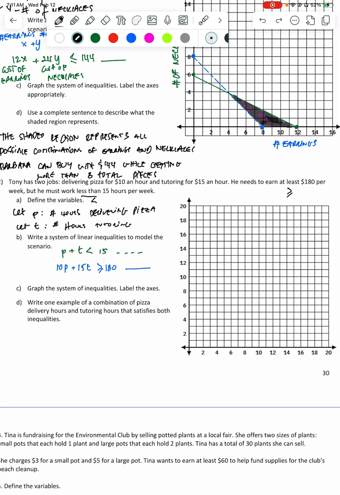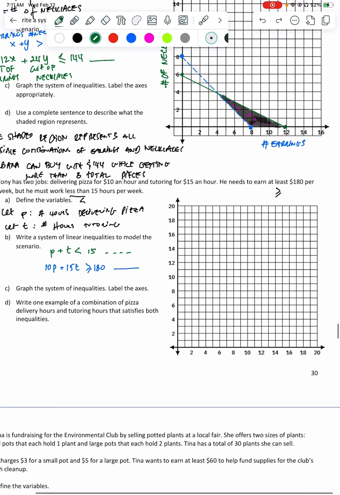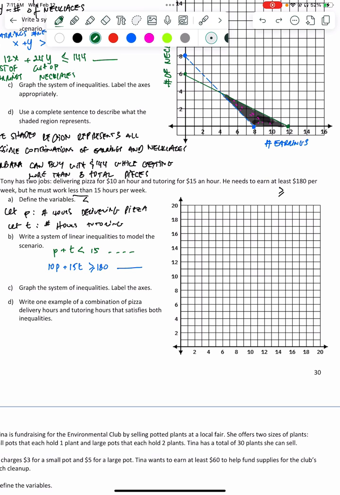So I'm going to go with 15, and let's label the axes, of course. This is going to be the number of hours delivering pizza, and this will be the number of hours tutoring, the y-axis.